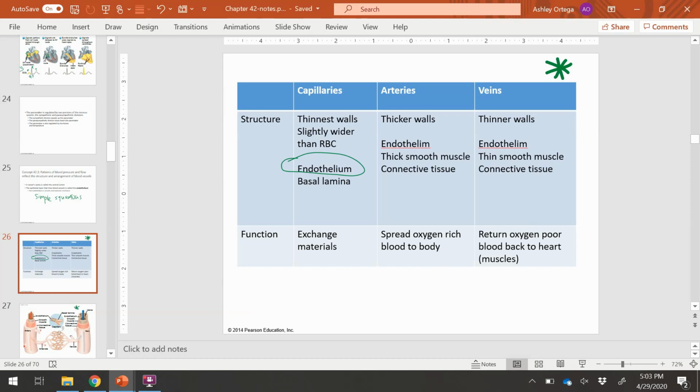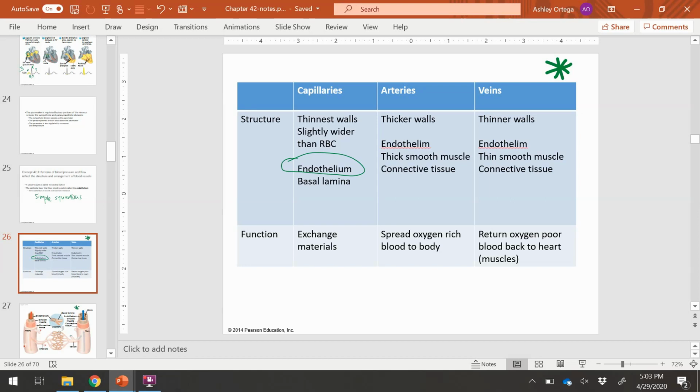Then they have a layer of connective tissue that connects them to other organs and tissues in that area. Veins have thinner walls and thinner smooth muscle, as they have other methods of moving the blood back to the heart.